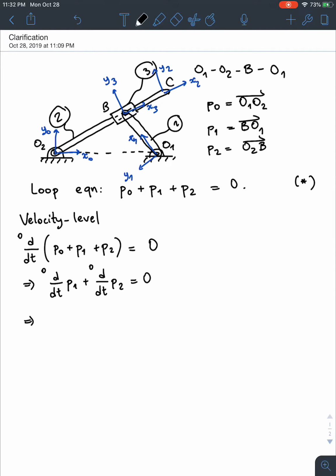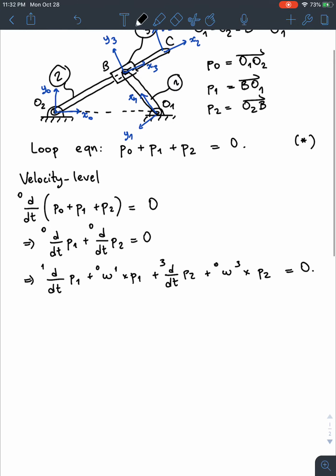If you remember, we split this into two. We took the derivative of p1 in the first frame, used the differentiation in two frames formula here, remember that, angular velocity 1 and 0 cross p1, and then we took the derivative of vector p2 in the third frame using the differentiation in two frames formula, and we got this equation.